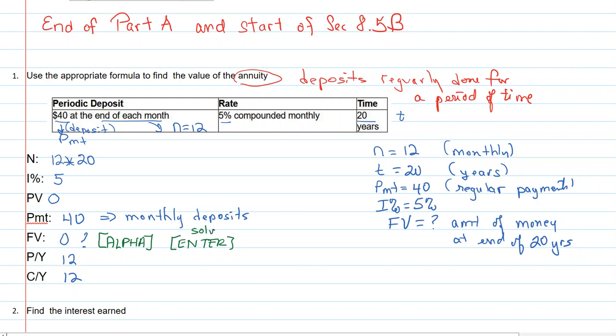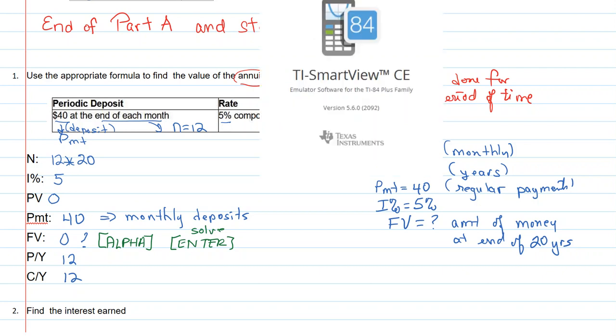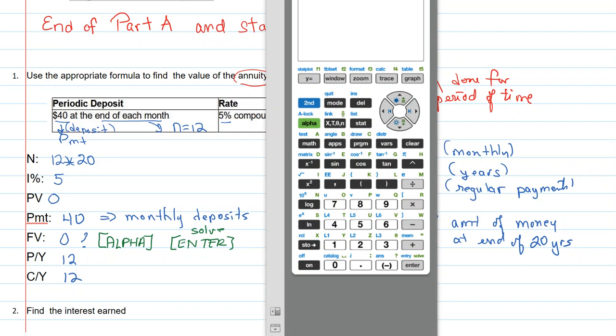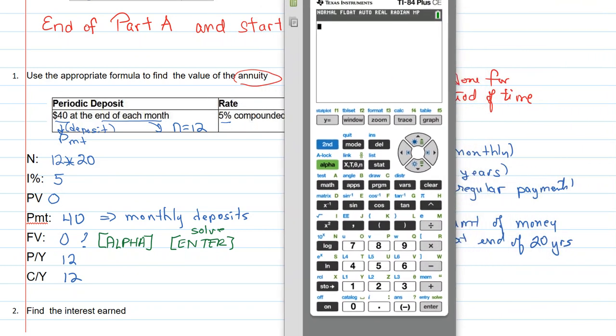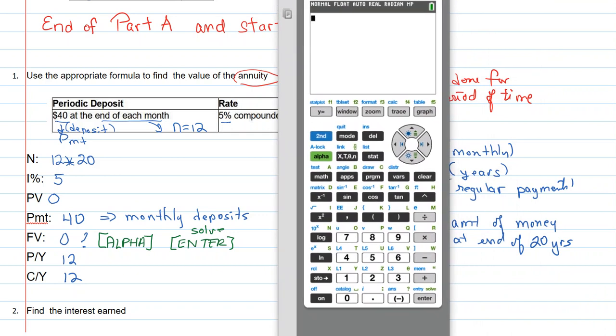Okay, now we need our calculator. Let me bring that down. Close so everybody can see. All right. So we're going to go to our APPS key, which is the third row, second key. Enter on Finance, enter on TVM Solver.